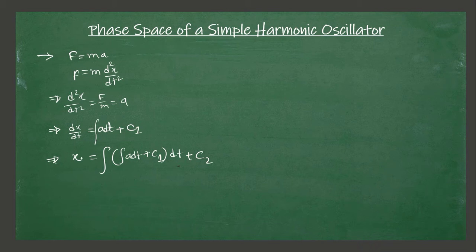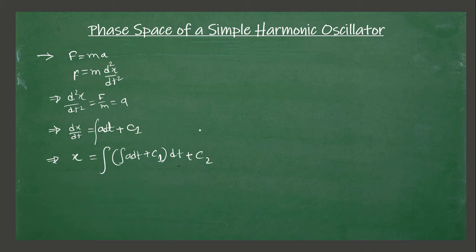As you can see, this constant of integration is actually another position, and if you put the appropriate limits, you will see that this constant of integration is actually the initial position. So the two variables that specify the system in classical mechanics are position and velocity.